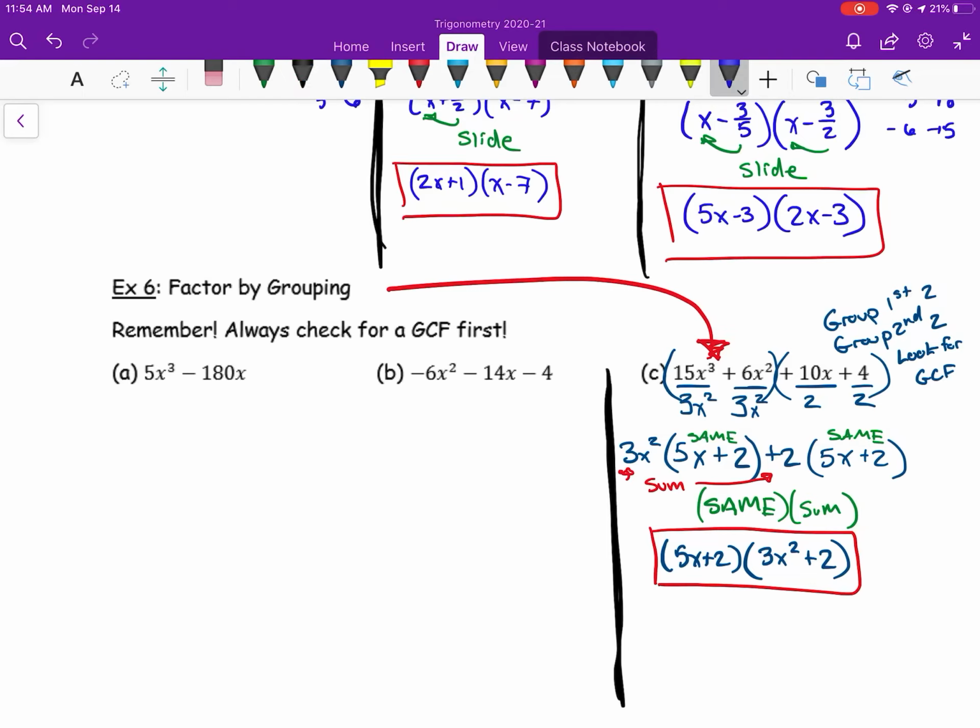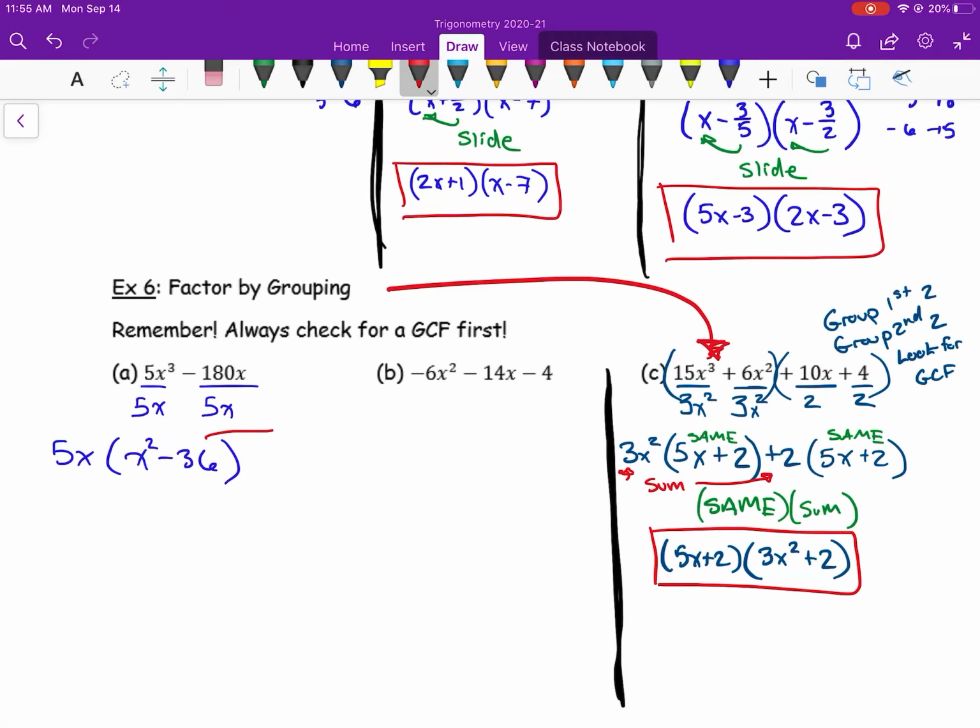I'm going to go back to A now. So I always want to look for a GCF. So 5 and 180 both have 5 divisible. They both have x. Lowest exponent is just x to the 1. So 5x factored out becomes x squared. And 180 divided by 5 is 36.